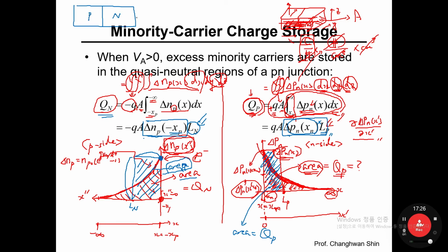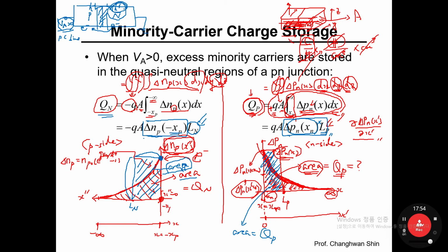For a given PN junction diode, now the forward bias has been applied, so that is the depletion layer. So many holes are injected into the N side and many electrons are injected into the P side. So now I'm talking about how many holes are stored in the N side because DC bias has been applied across the PN diode.